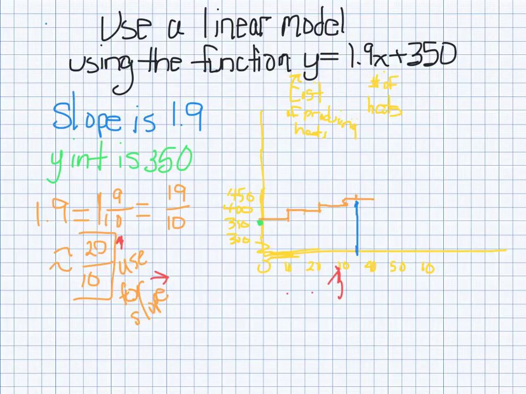We were asked to figure out the cost for 35 hats, and that's what this blue line here is marking right there. And so from the graph, we can see that the cost of making 35 hats, although you can't see it here, is that it would cost about $416.50.